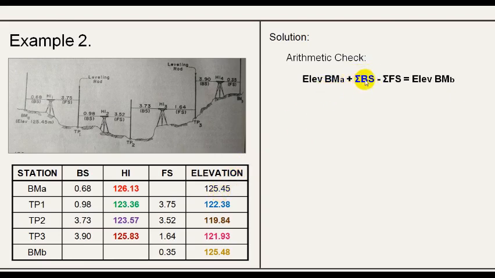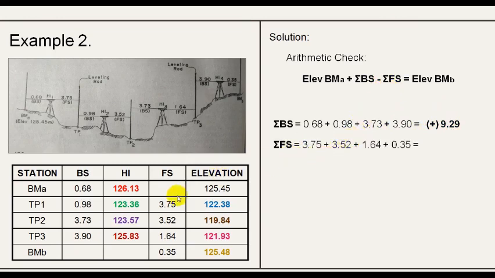We compute the summation of backsight: we add all the backsight readings, 0.68 plus 0.98 plus 3.73 plus 3.90, which is equal to 9.29. Then the summation of foresight readings: we add all of them, 3.75 plus 3.52 plus 1.68 plus 0.35, which is equal to 9.26.